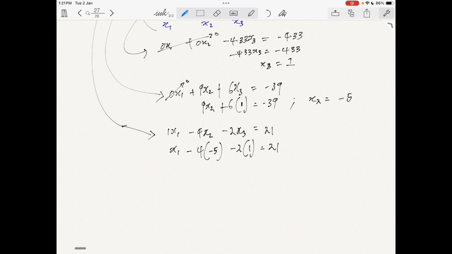Now we can just solve for x1, which will give us 3. Now we have x1 equal to 3, x2 equal to minus 5, and x3 equal to 1. So this is how to solve simultaneous equations or linear equations using the Gaussian elimination method.